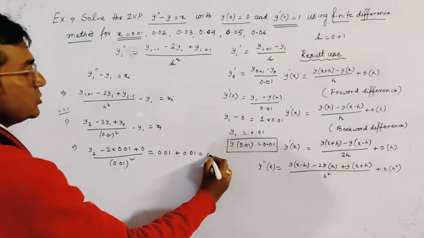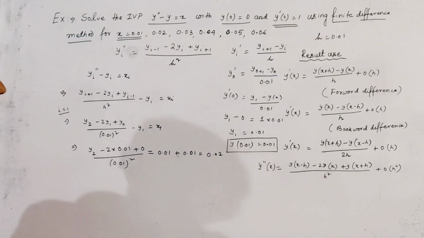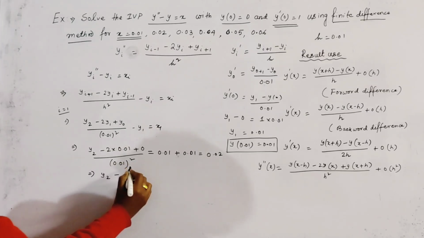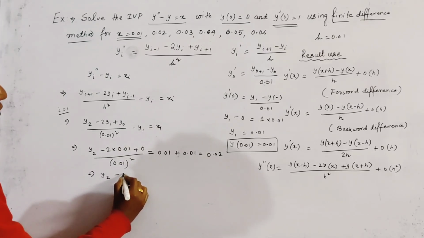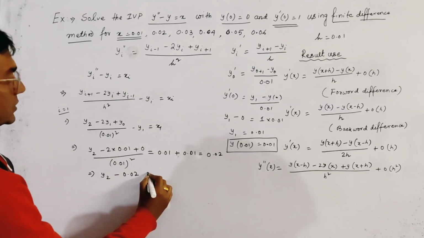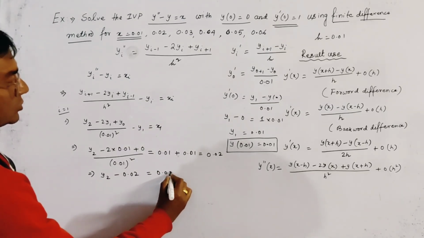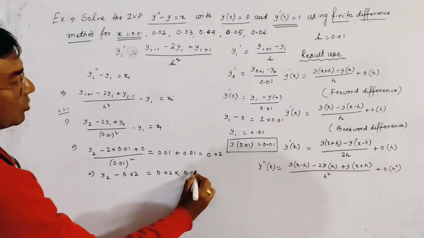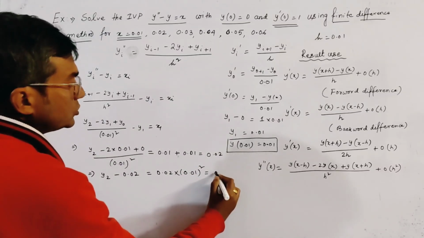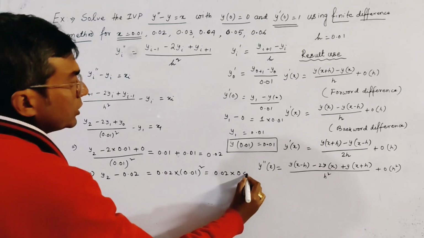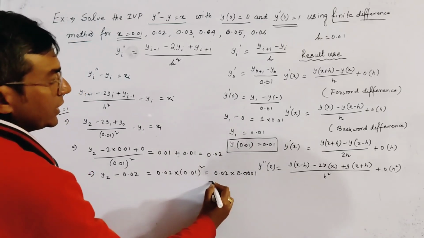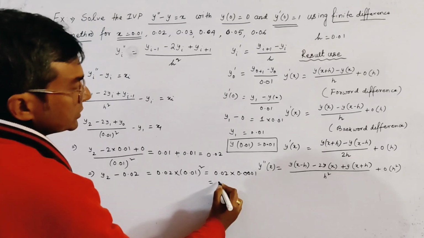So this gives y2 minus 0.02 over 0.01 whole square equals 0.01, and this result gives 0.02 into 0.0001.